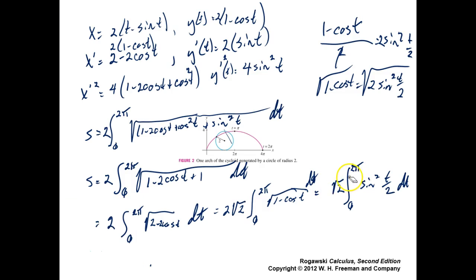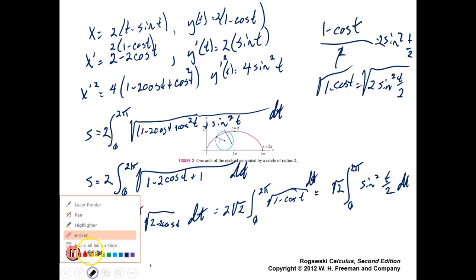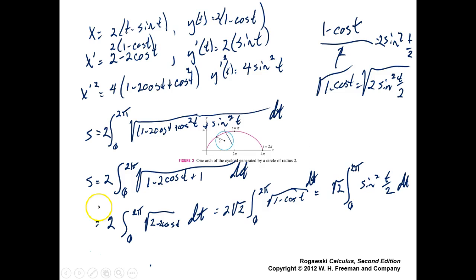Let's go back. Okay. This was a 2 root 2 here. 1 minus that would be the square root of this. So if we take this square root of 2 out front here, mixed with this one, this gives us the 4.